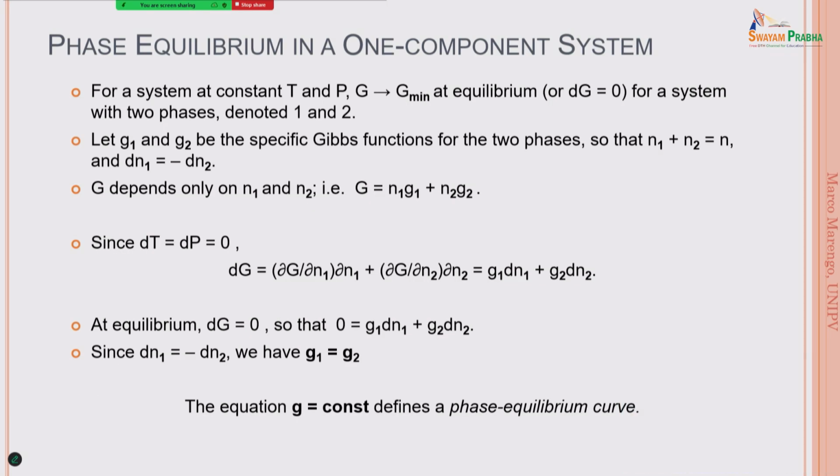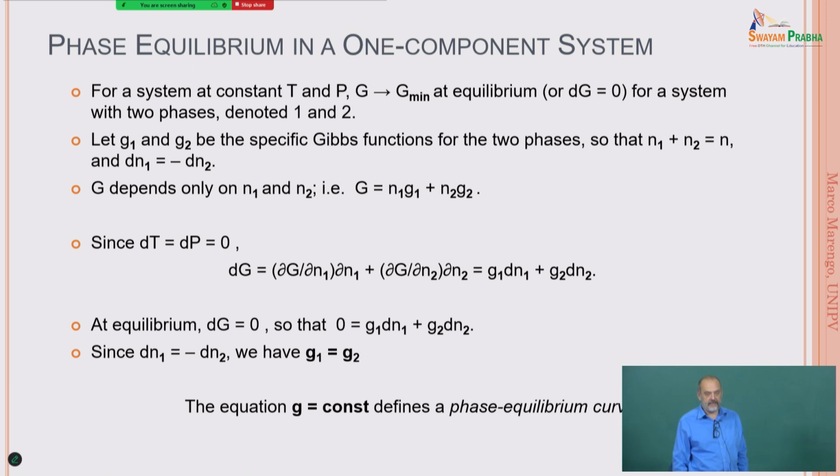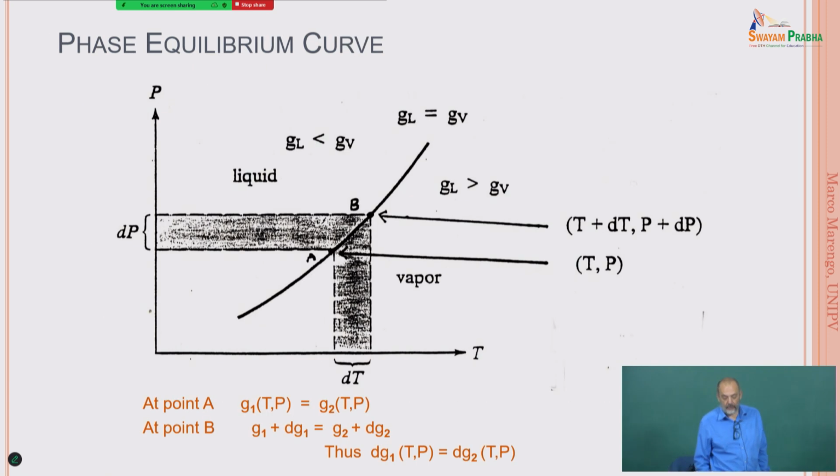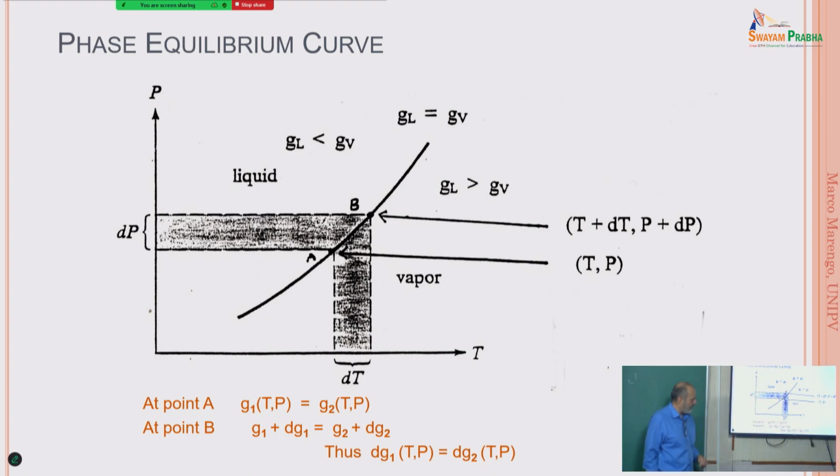Another point is that we saw that the Gibbs free energy is in fact related to the chemical potential. So a phase equilibrium curve is decided when the chemical potential is the same. So in fact, for a given pressure and temperature, the variation of pressure and the variation of temperature are linked through the Gibbs expression.